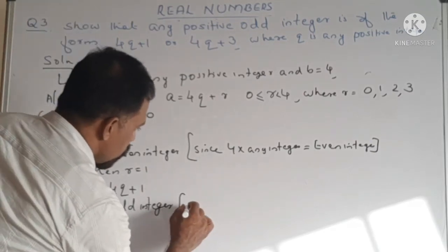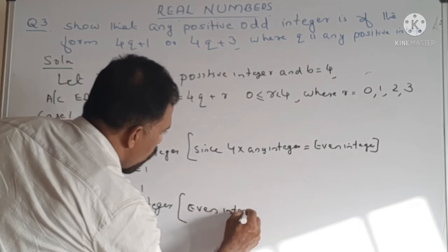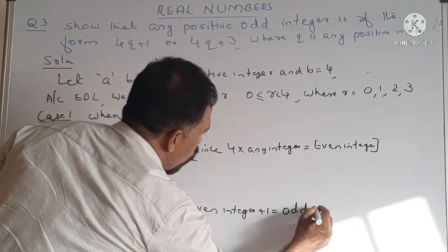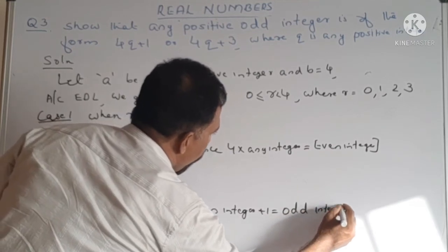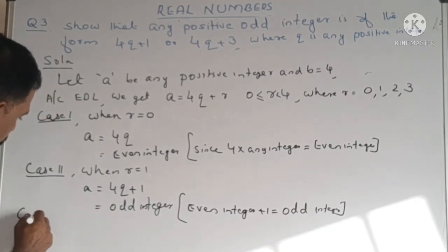Reason: even integer plus 1 will always be an odd integer. Clear?